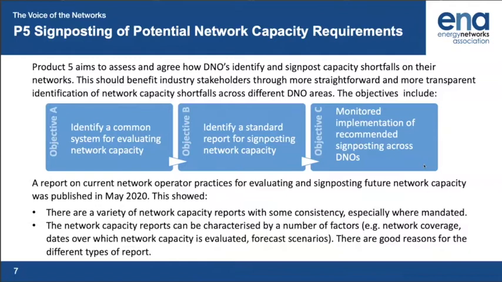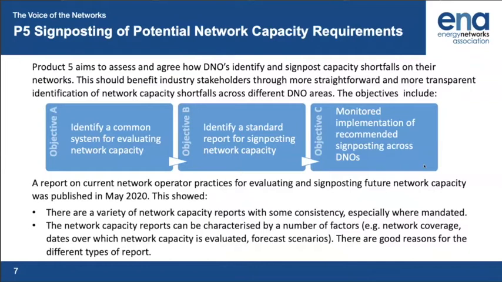So the 3 objectives that Jill and the team have identified are, first of all, to identify a more consistent or common system of evaluating network capacity, which is objective A. Objective B is putting in place a standard report for how capacity shortfalls or limitations are made known.